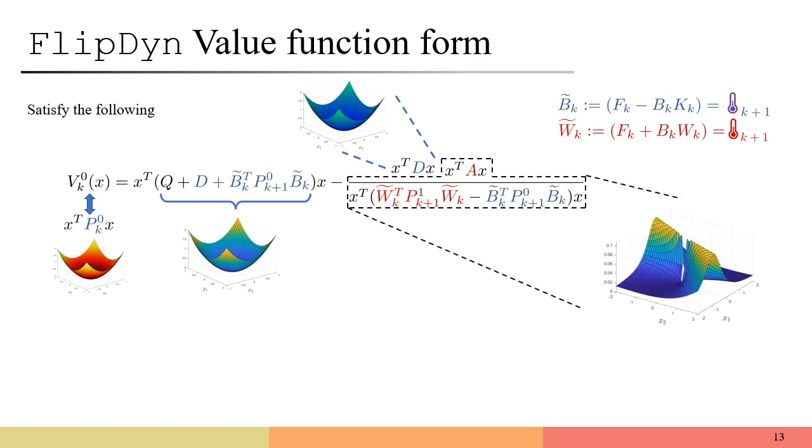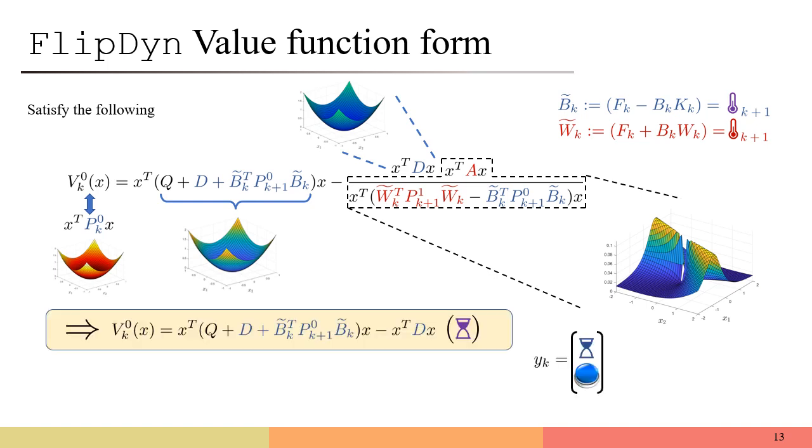However, this term, which also happens to be the probability of remaining idle for the defender, becomes a nonlinear function. This prevents us from using a quadratic form on the right-hand side. Thus, the quadratic form does not satisfy the value function equation because of the coupling of the FlipDyn states.